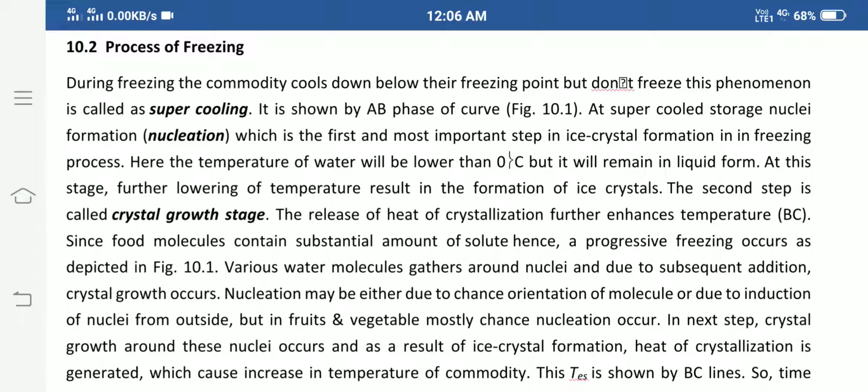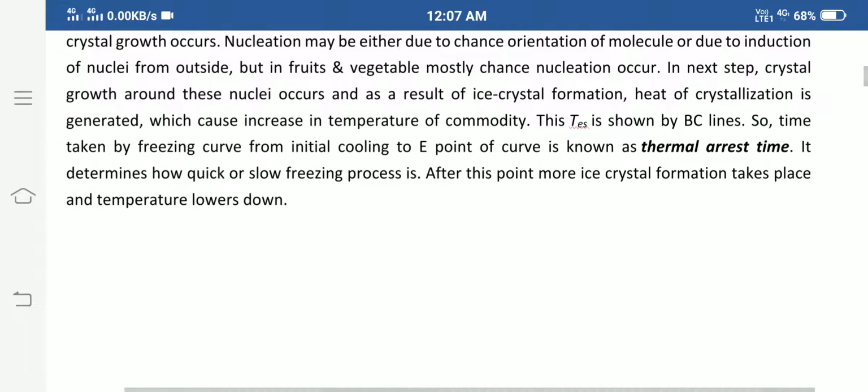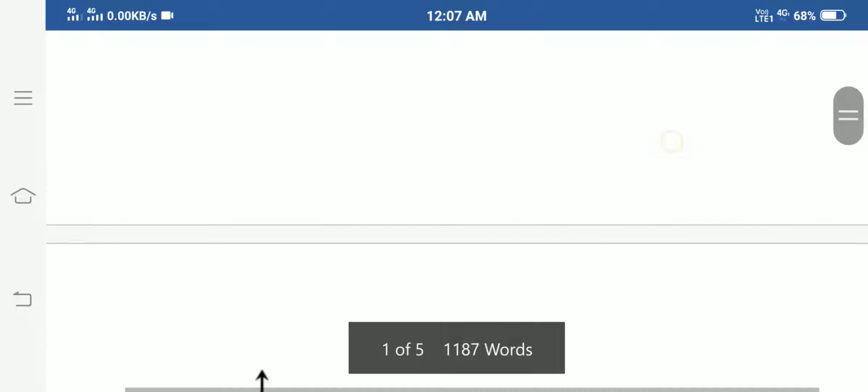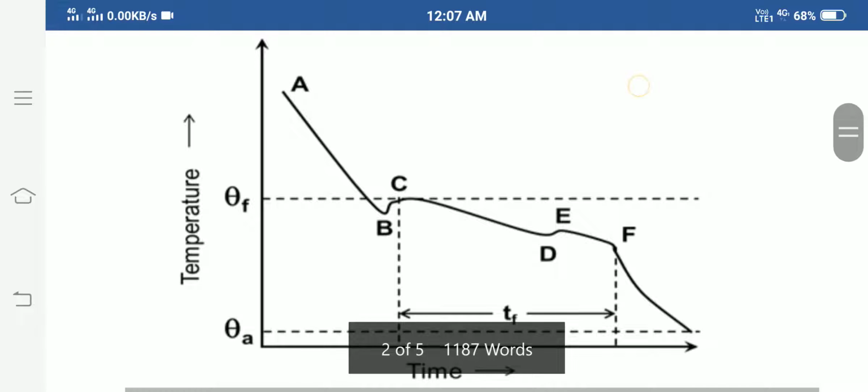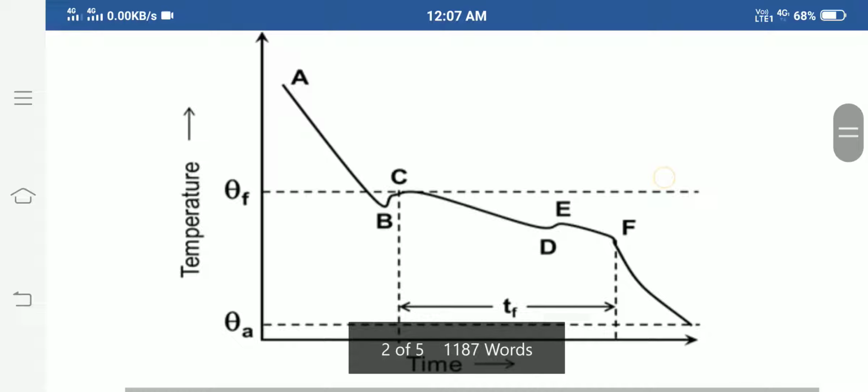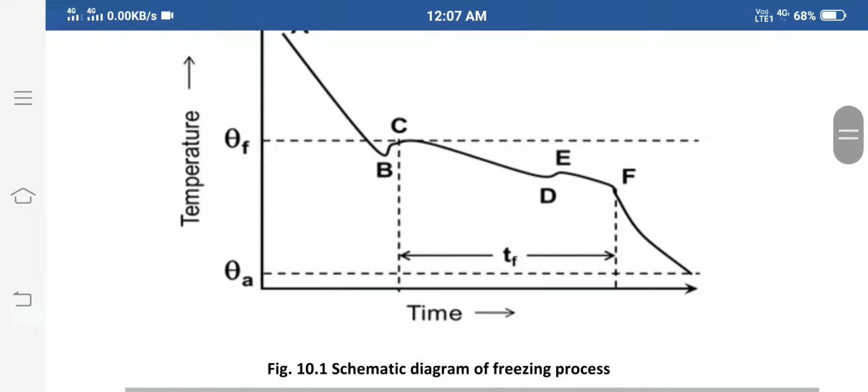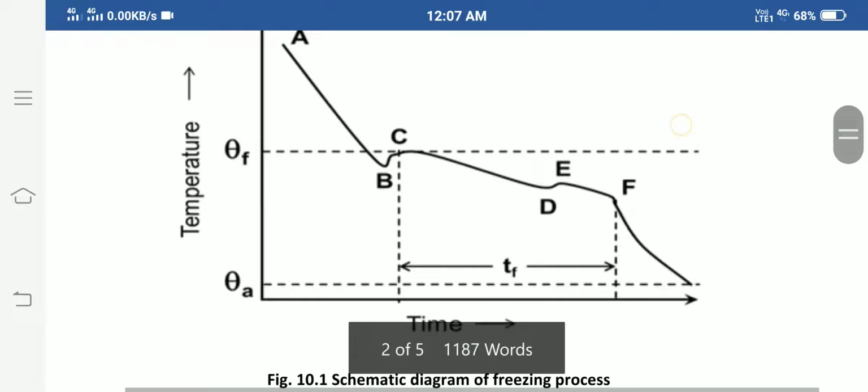During freezing, the commodity cools down below its freezing point but doesn't freeze. This phenomenon is called supercooling. Now we can understand this supercooling phenomenon by looking at the figure or the graph between time and temperature.